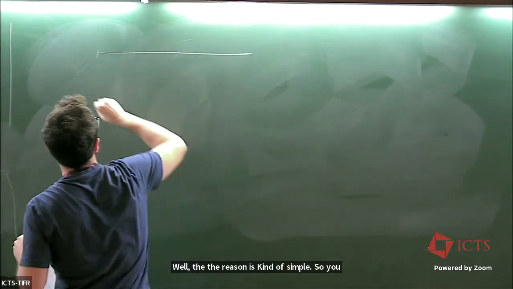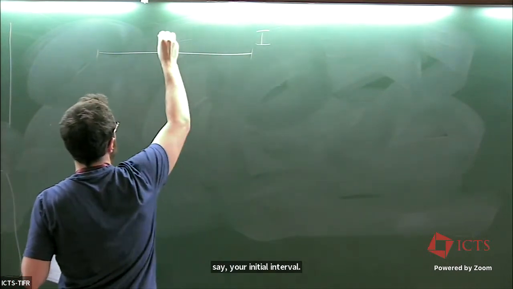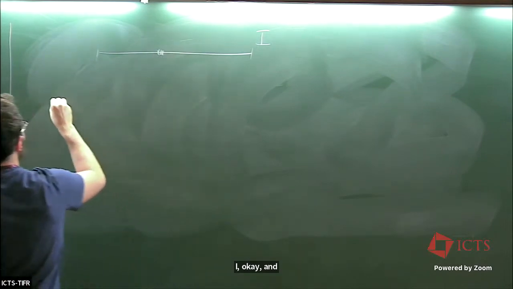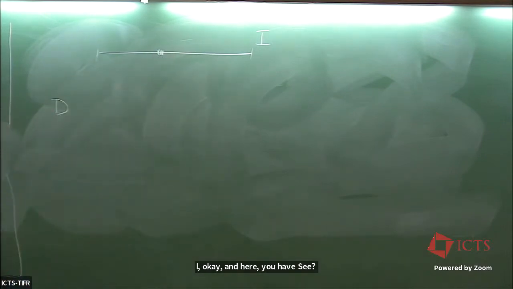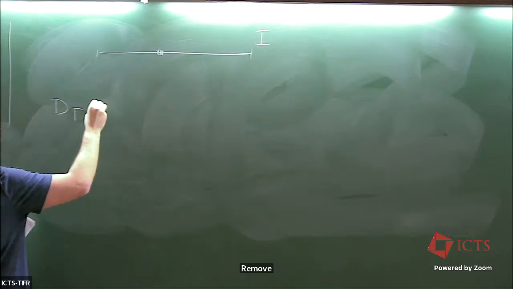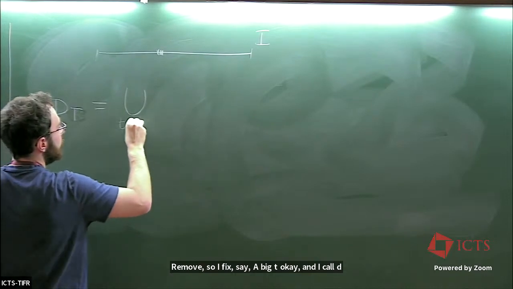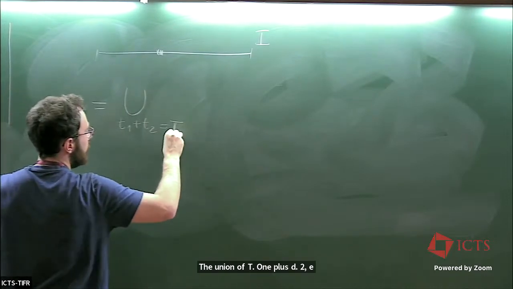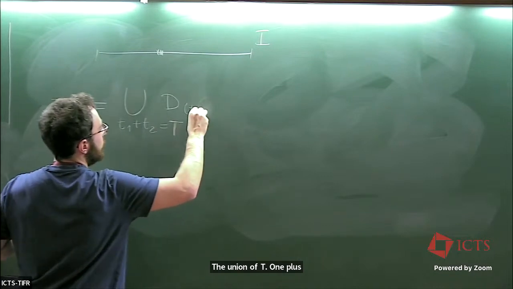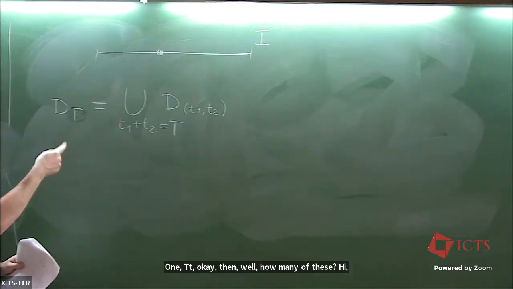You have your initial interval I. Suppose that instead of removing D_t sparsely, I fix a big T, and I call D sub big T the union of D_{t1,t2} over t1 plus t2 equals big T. Then, how many of these sets do I have?